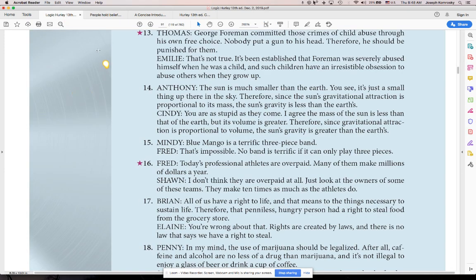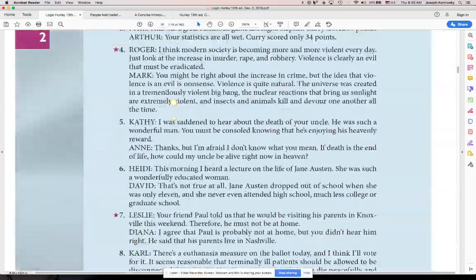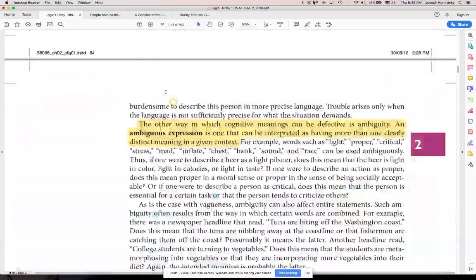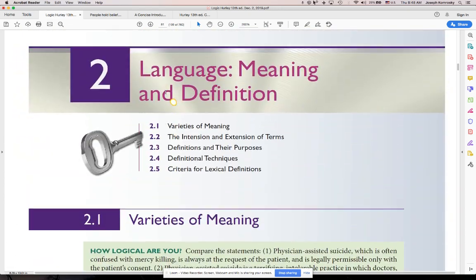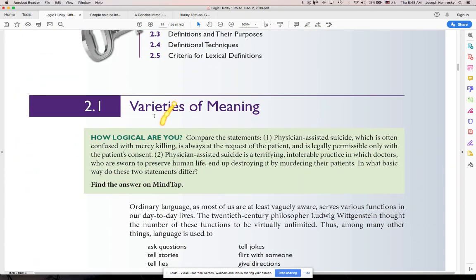So, in a nutshell, for chapter 2, specifically this section 2.1, I've given you a few different distinctions in how you might use language, and I hope that you have a greater appreciation for why this is important.